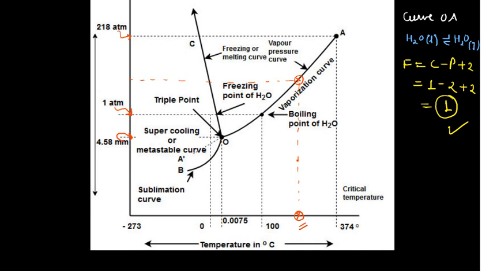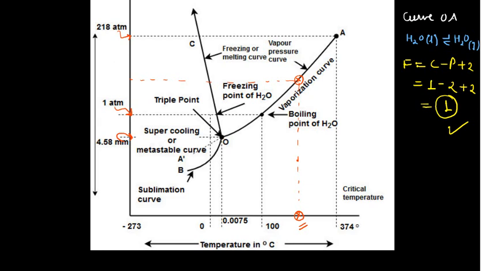So, in that case you can easily see at 100 degrees centigrade liquid water has a vapor pressure equal to 1 atmospheric pressure, and you know 1 atmospheric pressure is generally the atmospheric pressure. Okay. And it is actually the boiling point. So, what is the definition of the boiling point? The temperature at which the vapor pressure of the liquid becomes equal to the atmospheric pressure is known as the boiling point.